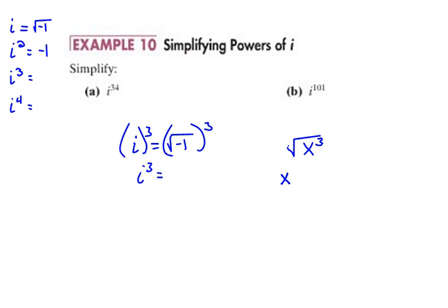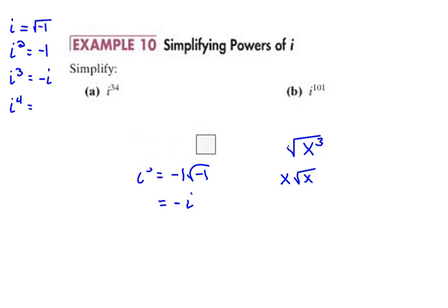So we would pull out an x, and it would have 1 left over, so we would leave an x underneath. Same exact thing with this. 2 goes into 3 one whole time, so that would be a -1, with 1 left over under the radical. Now, -1 we could just say is negative, and the square root of -1 by definition is i. So technically i cubed is -i.